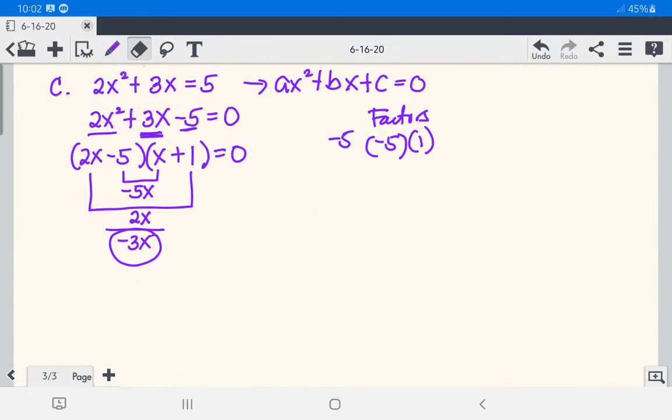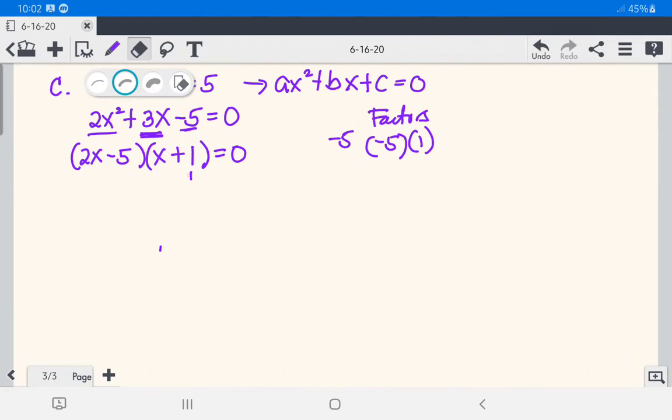So what you are going to do is change the last terms of these binomials. Maybe this is positive 5, and then maybe this is negative 1. Let's see. 5 times negative 1, the result is negative 5.